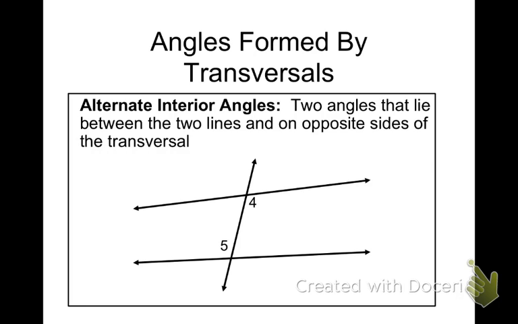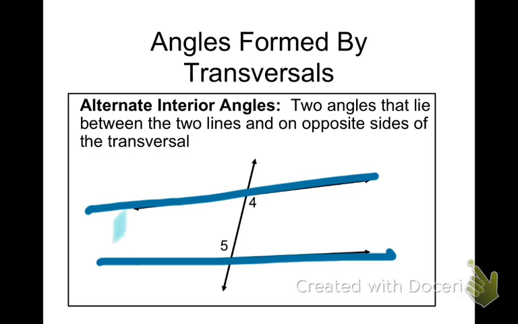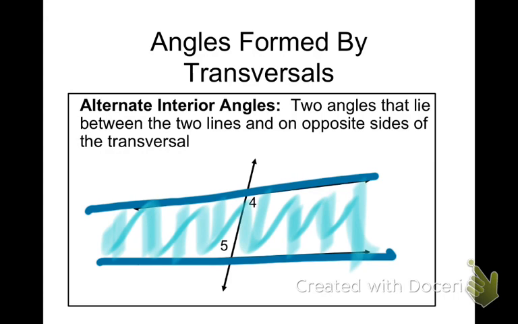So alternate. If you think about alternating, you're on either side. So alternate interior. Now let's think about this. Here are my two lines. The interior of those two lines is that shaded region, right? Interior, do a different color.